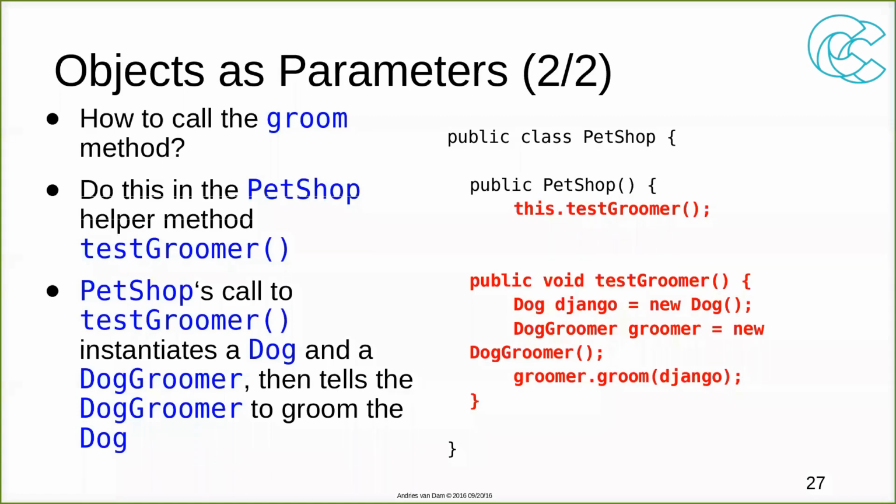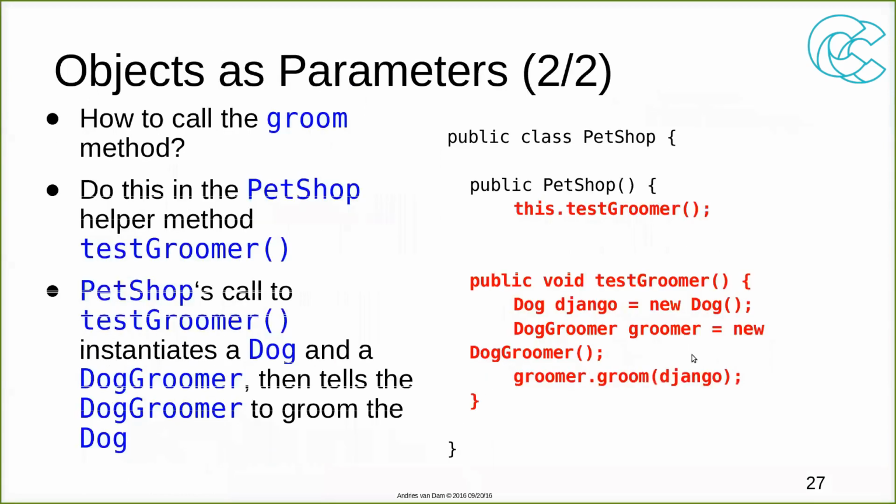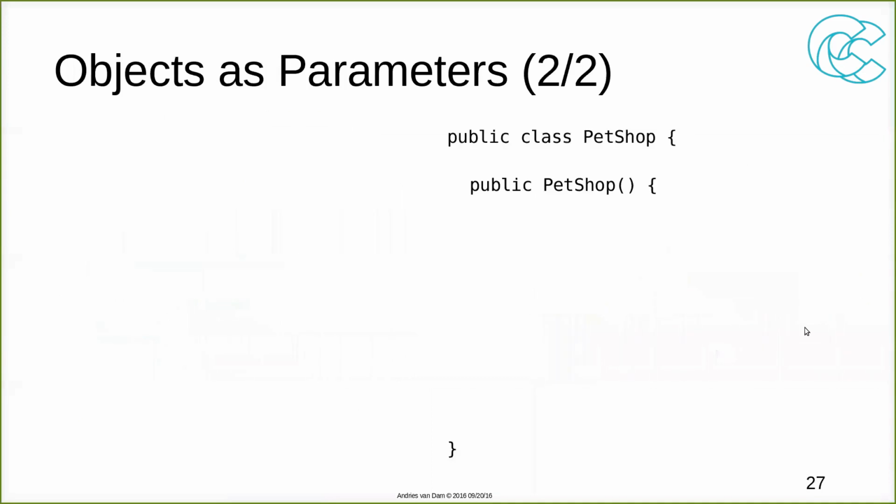What we mean by that is, if you pass a reference like Django here, and then in the next slide, here you take in that parameter with the name of Shaggy.